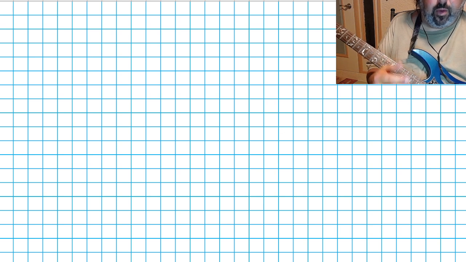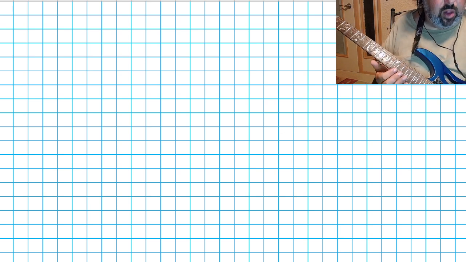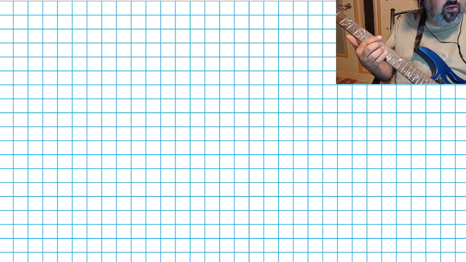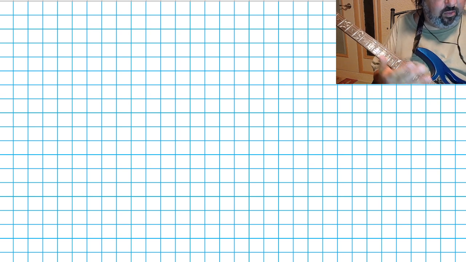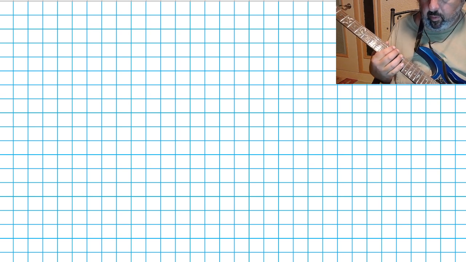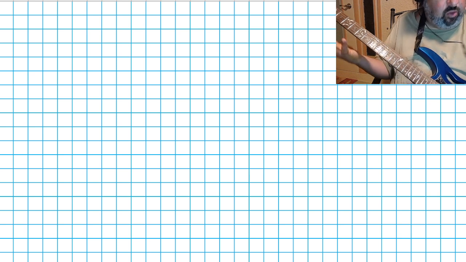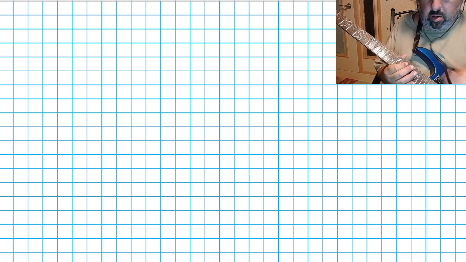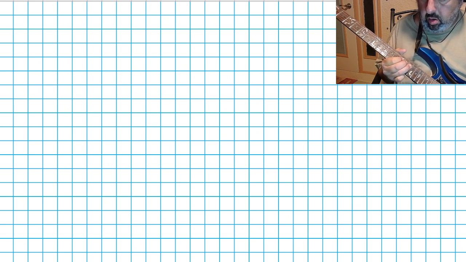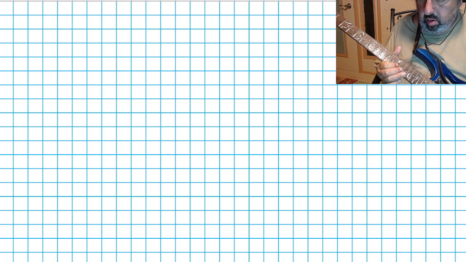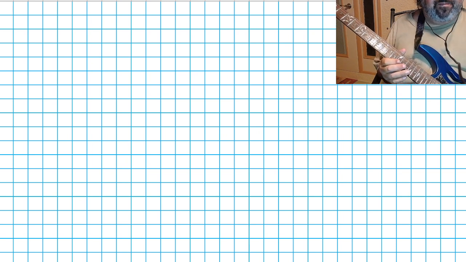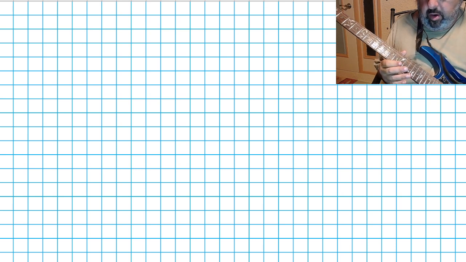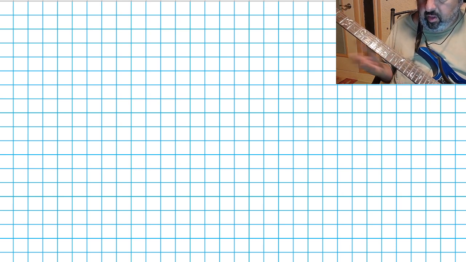But what you're hearing is what I play versus this tone, not necessarily the technical explanation that you get from, let's say, E to E, since we're using E as our bass note here.